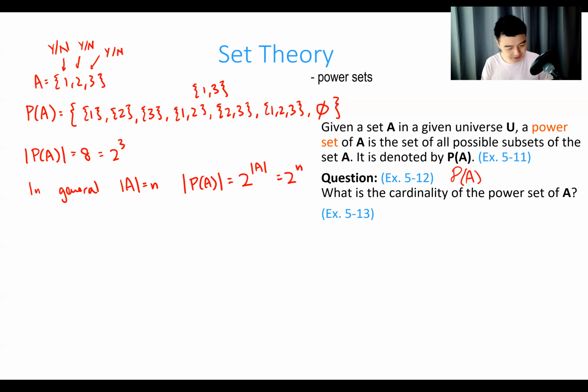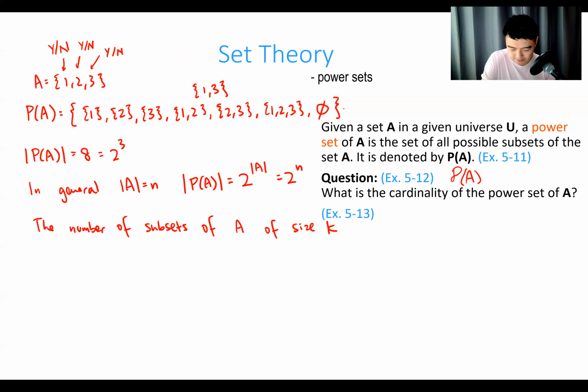Let me ask you another question pertaining to subsets. If I want to find out the number of subsets of A of size k, what is it? Let me do the example that we had before.